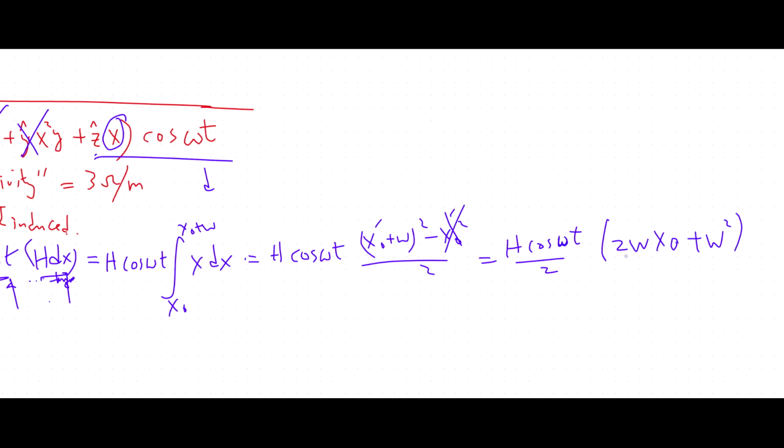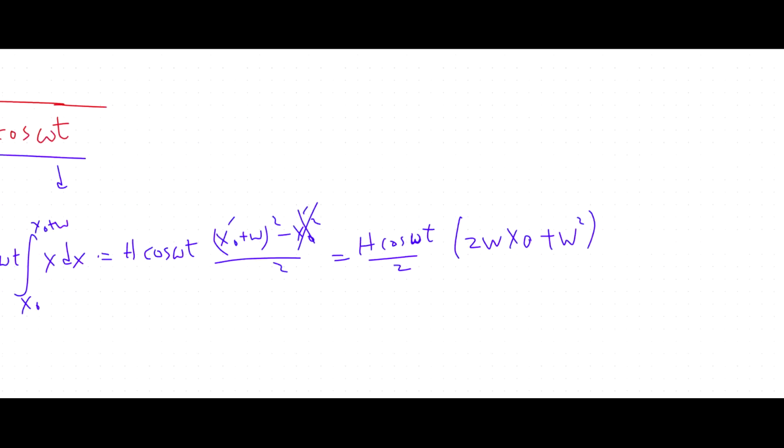Omega, w. So far, so good. So I'm a little bit picky. You see, I like algebra. So I see a w here, w squared, I'm going to factor one out. You don't have to do that, but it's just me.